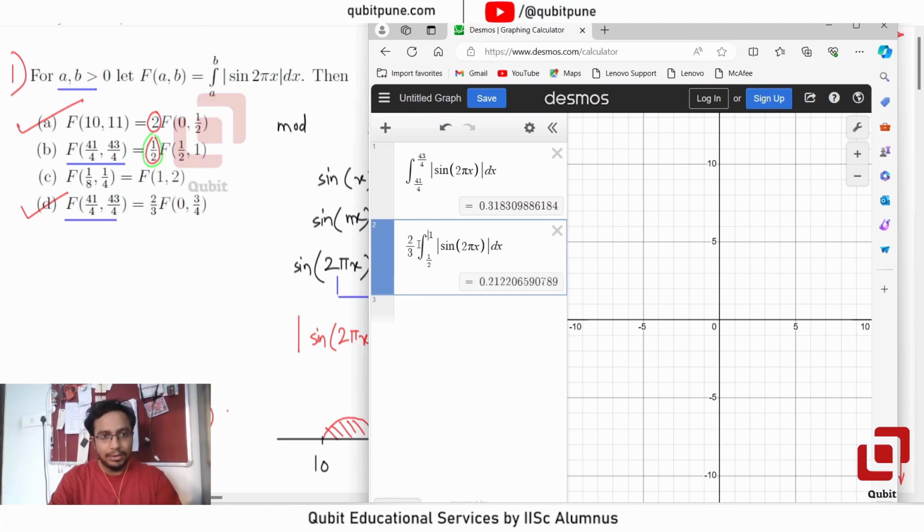Let's see if D is right. 2 by 3, 0 to 3 by 4, same value, so D is right. Now how about C?